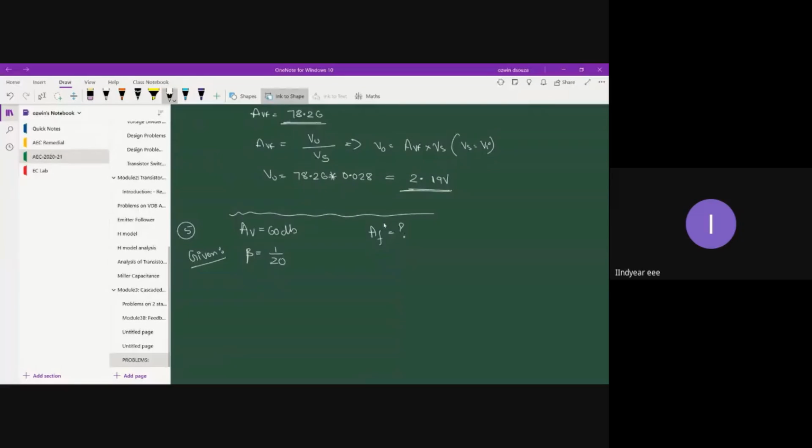The percentage change in gain without and with feedback. Next, percentage change in gain. Let us take it as delta AVF.